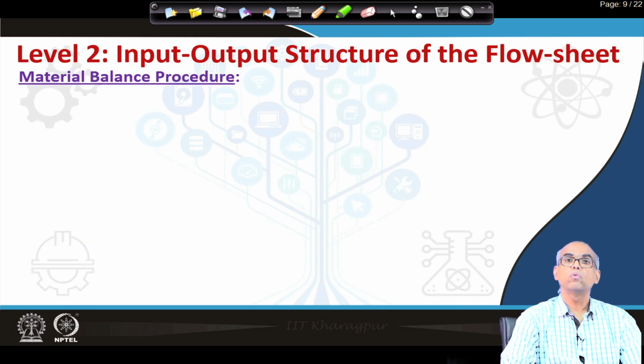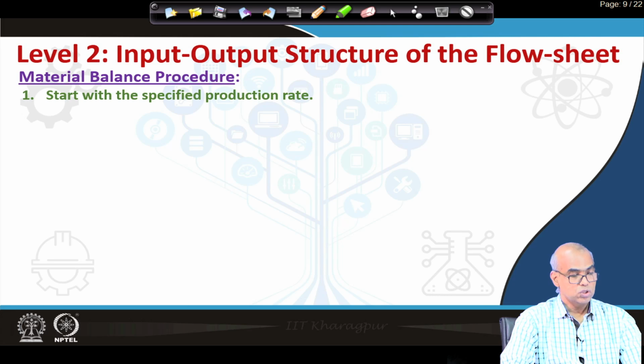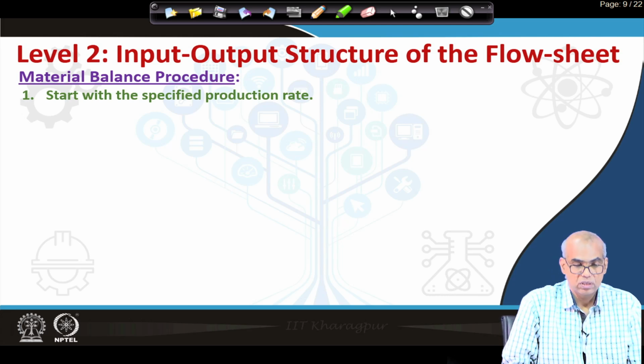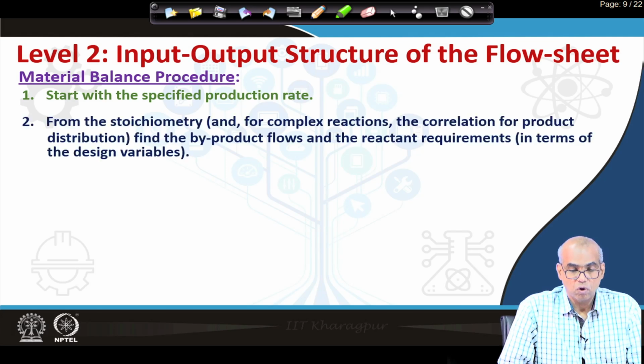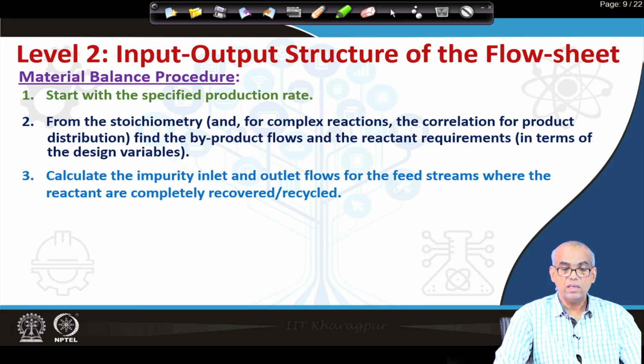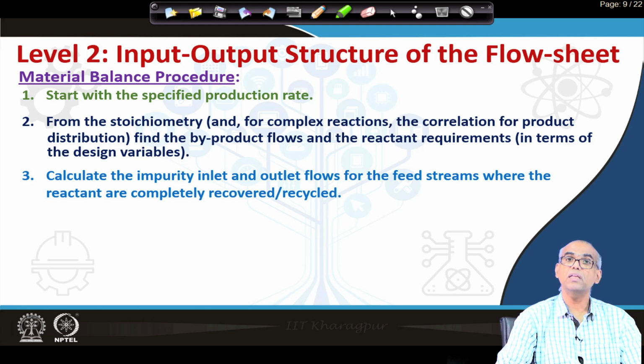Now, we will see how to develop the material balance for our process. So, let us first discuss the procedure. We start with the specified production rate. From the stoichiometry, find the byproduct flows and the reactant requirements. Calculate the impurity inlet and outlet flows for the feed streams where the reactants are completely recovered or recycled.